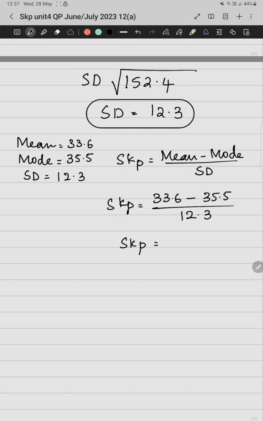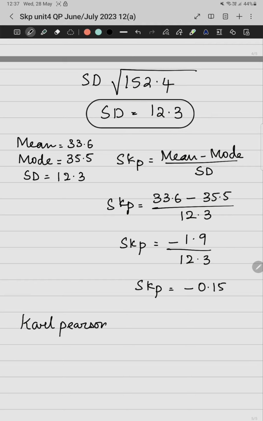So Sk P is equal to minus 1.9 divided by 12.3. So Sk P is equal to minus 0.15. Don't forget the minus sign. So Karl Pearson's coefficient of skewness is minus 0.15.